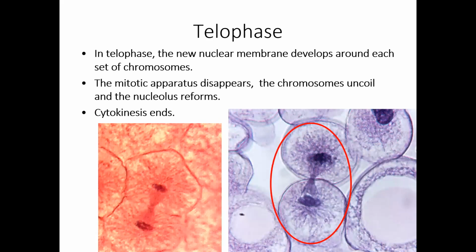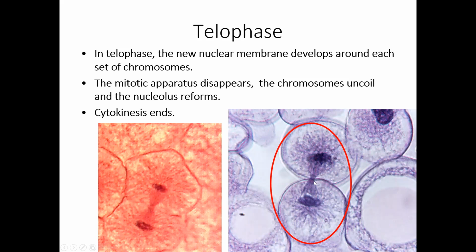And then the last stage is telophase. In telophase, the chromosomes have moved to opposite ends of the cells. The nuclear membrane starts to reform. Cytokinesis is completed in this stage. And you can see here we have two stages of telophase. Here the cell membrane, we haven't completely separated the daughter cells.